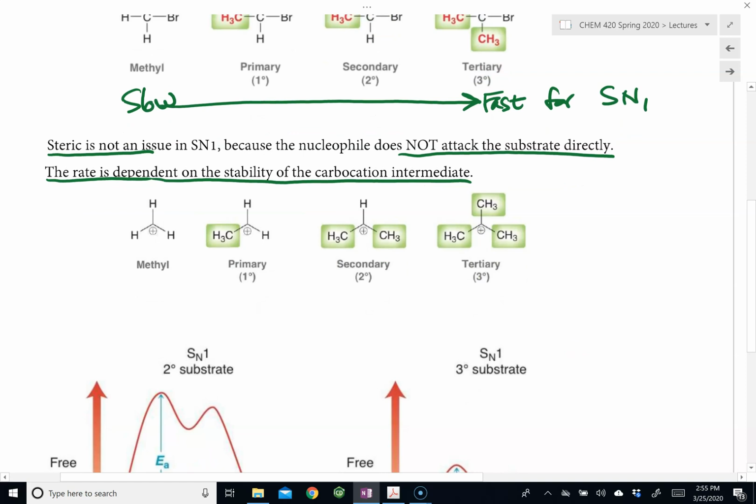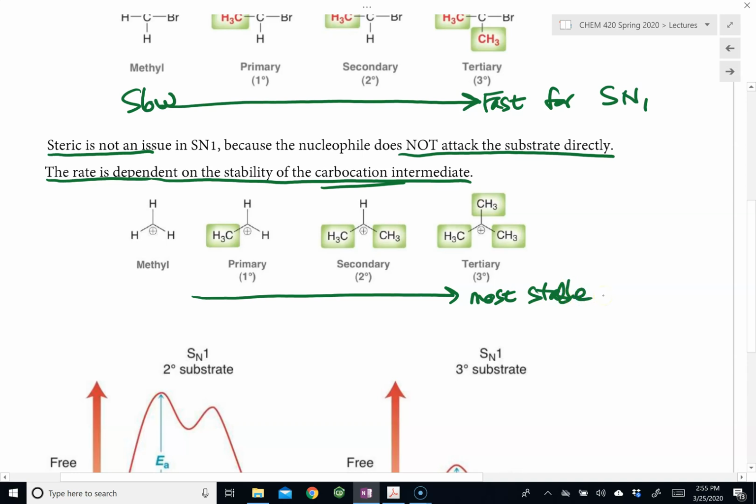How fast we can form the carbocation is now our rate determining step, and that also correlates to the step where the leaving group is broken off, because as the leaving group leaves, that's how we are able to generate our carbocation. And between these different types of carbocation, the tertiary carbocation is more stable.